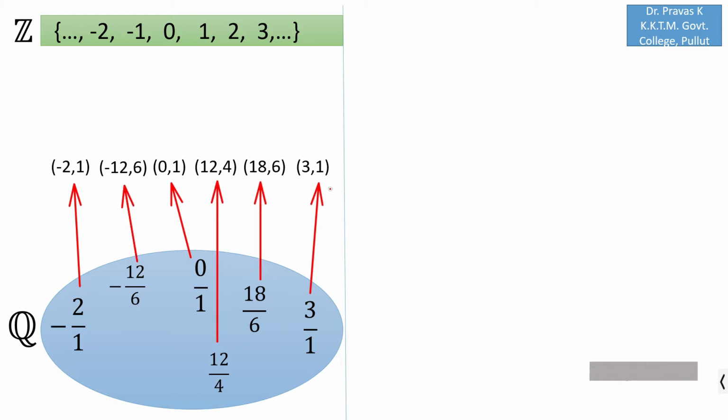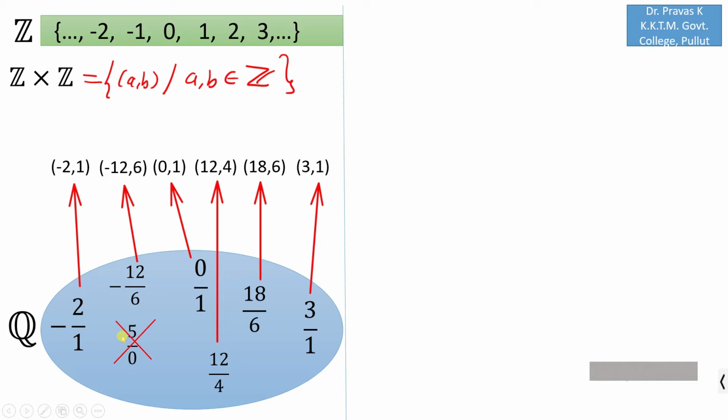So it is natural to take Z cross Z, the set of all ordered pairs (a, b) where a, b are elements of Z, to represent the elements of Q. But there cannot be an element in Q whose denominator is equal to 0. Hence, we modify our collection to S equal to Z cross Z star, where Z star is the set of non-zero integers.